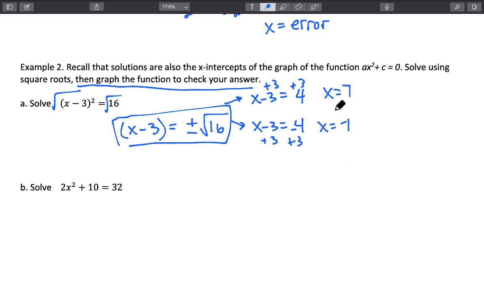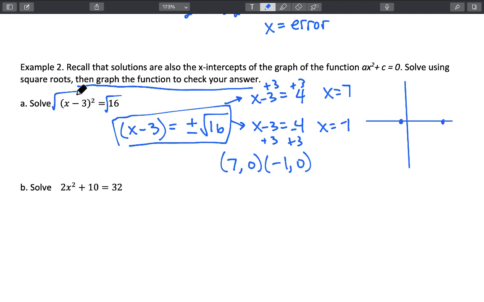So my two solutions are also my two x-intercepts. Those are (7, 0) and (negative 1, 0). All right, so if we were to do a little bit of a quick sketch here, I'm going to just graph this with my intercepts here at positive 7 and negative 1.